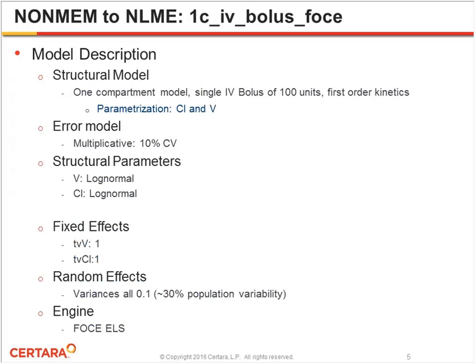We initialize our fixed effects, the typical volume, TVV, and the typical clearance, TVCL, with a value of 1 each. As a random effect, we assume a variance of 0.1, which corresponds to a population variability of about 30%. The engine or the method that we are using for the fitting is FOCE ELS.